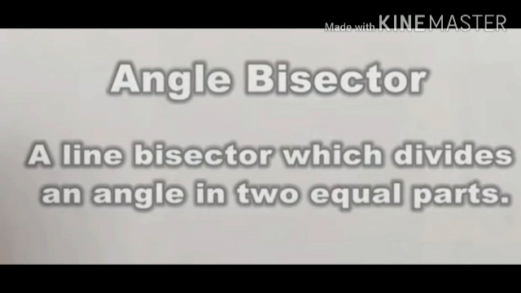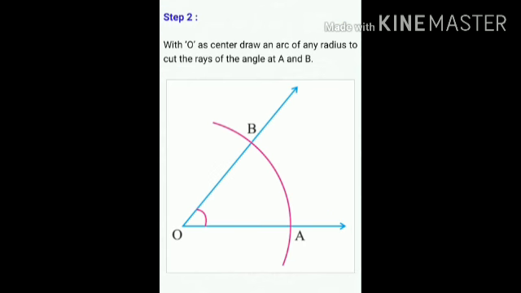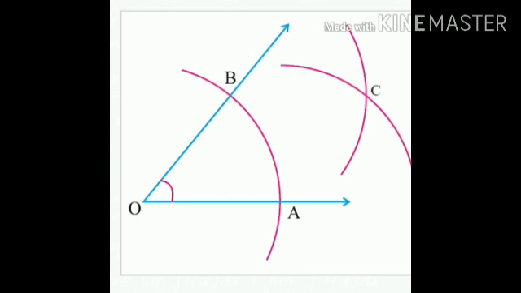We see how the angle bisector can be drawn. In the first step, we draw an angle of a given measure. After that, draw an arc of any radius to cut the rays of the angle at A and B. After that, put the compass on the arc points and make arcs in the middle of the angle where two arcs meet together.